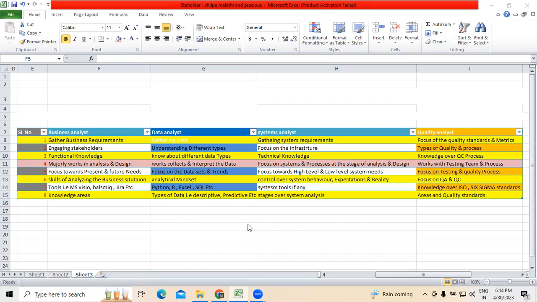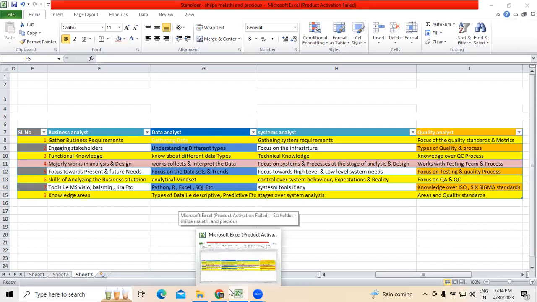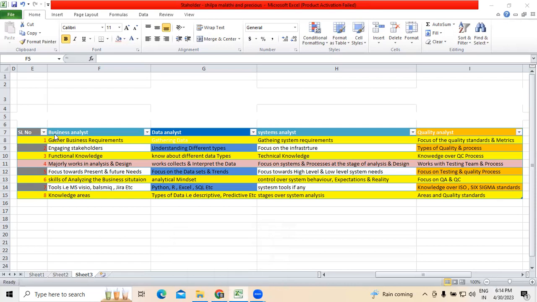If you see in the field of IT, especially, the analyst roles are broadly classified into four different parts. The first is business analyst, second data analyst, third systems analyst, and fourth quality analyst. Let us understand the responsibilities or the roles of a BA.